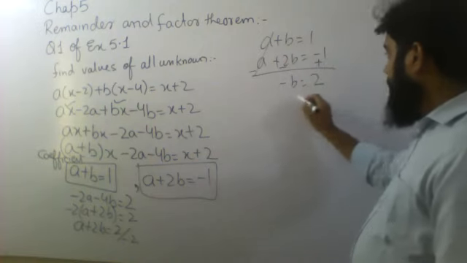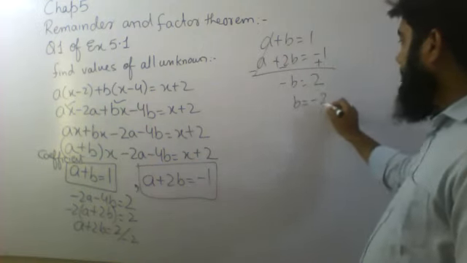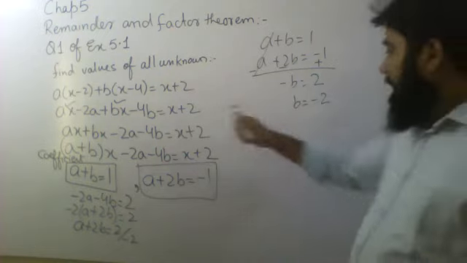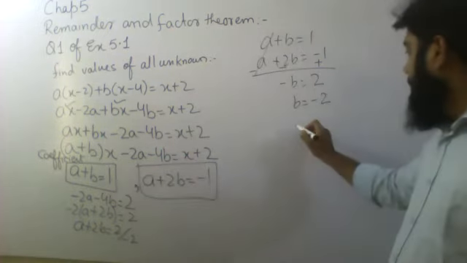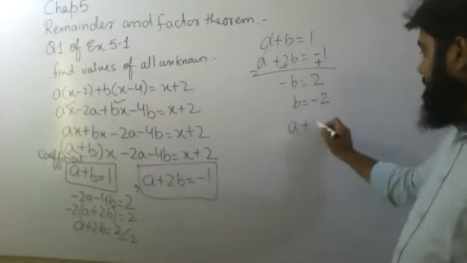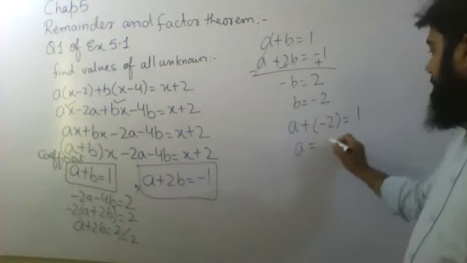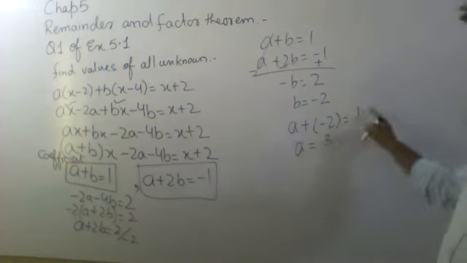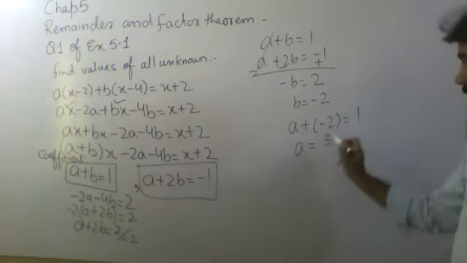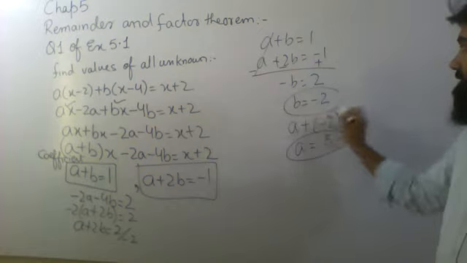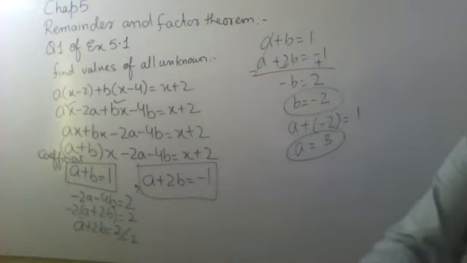This will become 2, which means b is coming minus 2. And if I put it over here, a plus b, b is minus 2, equals to 1. So the value of a will be, minus 2 shifted over here, value of a will be 3. That is your answer for question number 1.